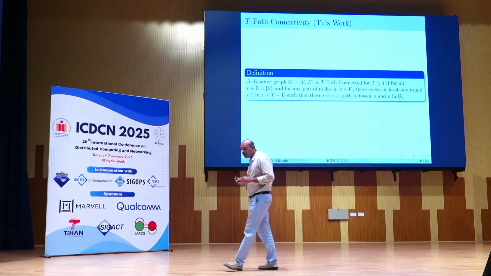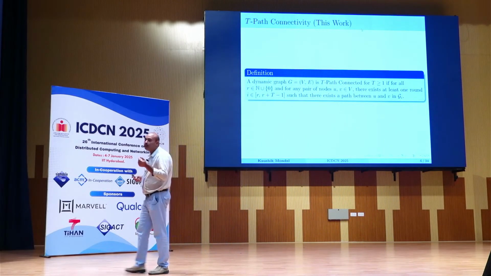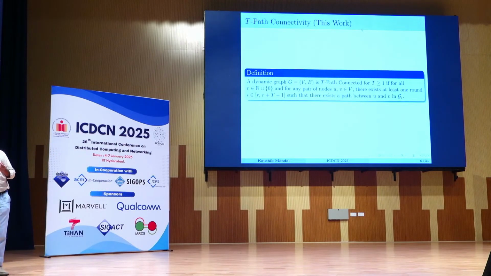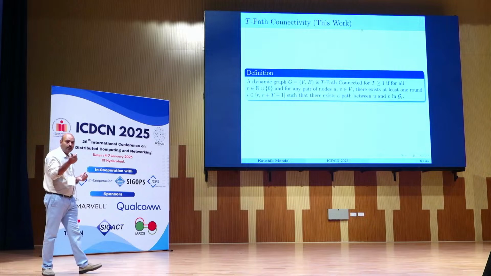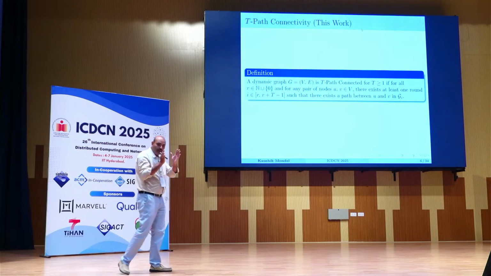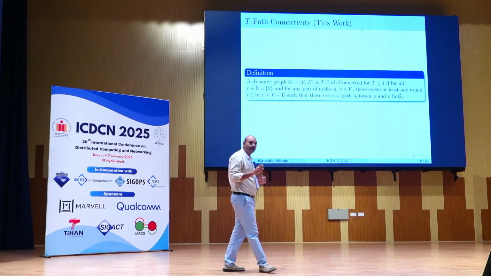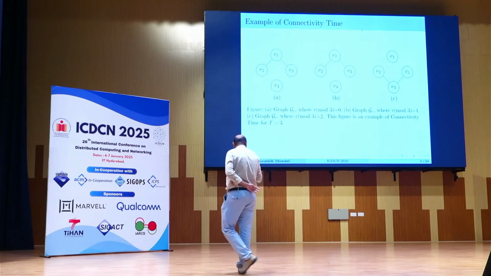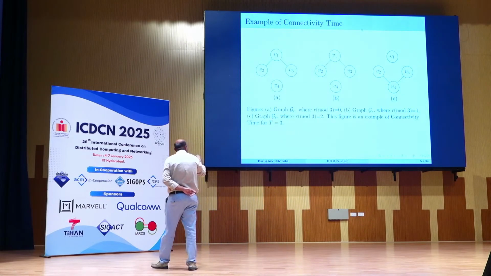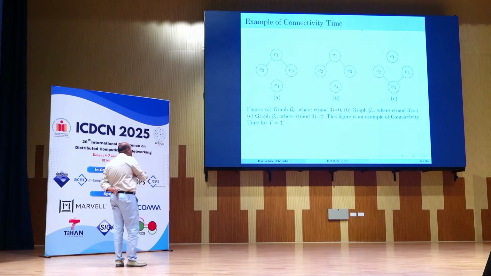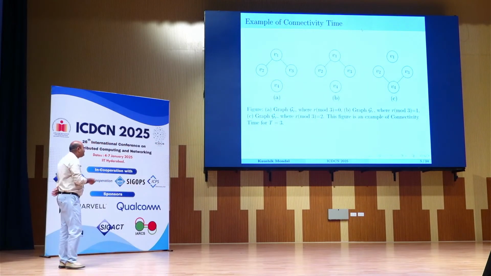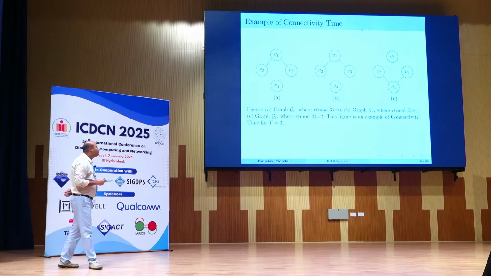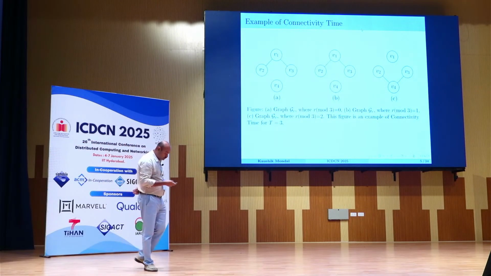So here also, each and every round the graph can be disconnected. But there must be a path between any pair of vertices in at least one round within any consecutive T rounds. So if we go back to the previous example, we will see that this is maintaining connectivity time for T equal to 3, but this is not maintaining T-path connectivity, as between V1 and V4 there is no path in any of the rounds.